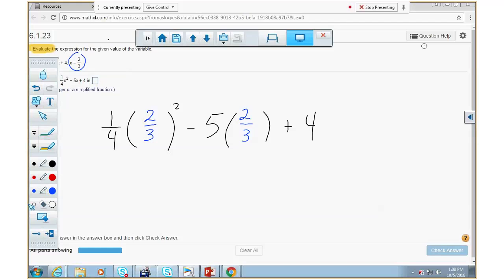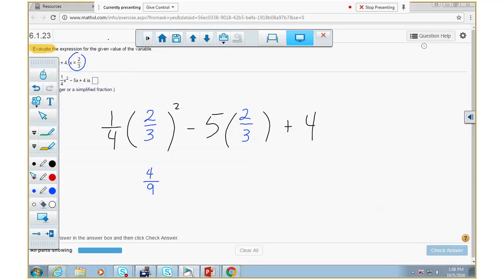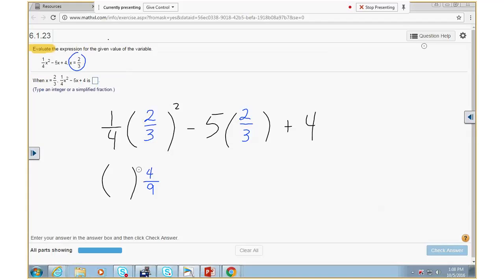So 2/3 squared, what's 2 squared? 4. What's 3 squared? 9. Minus 5/1 times 2/3, plus 4/1. And what happens to the 4s?